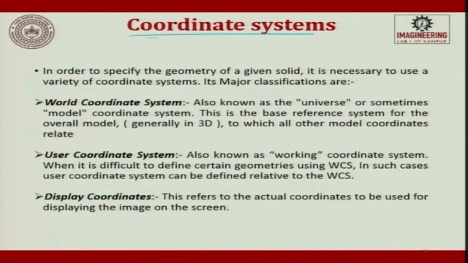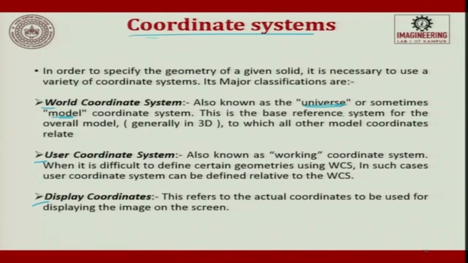When we talk about coordinate systems, there are three types generally followed in CAD. One is called the world coordinate system, the other is called the user coordinate system, and the third one is called display coordinates. The world coordinate system is also known as universal or universe or sometimes model coordinate system.